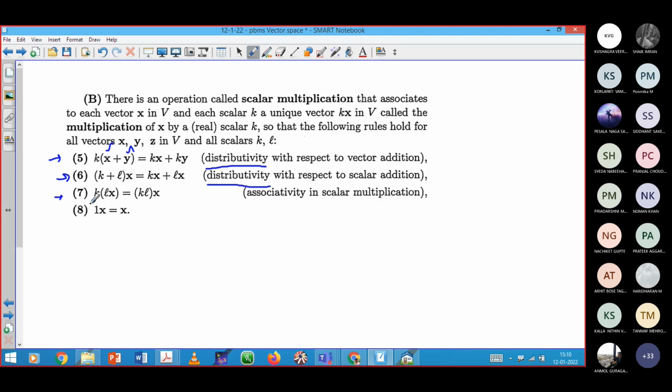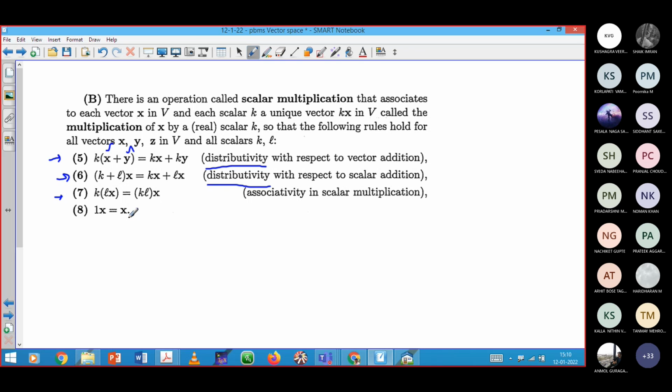The third one is the associative property with respect to scalar multiplication. They kept the name scalar multiplication because they use two scalars here. The last one is just the one product property, that means 1 times x equals x. That will always be true. Nothing to worry about.